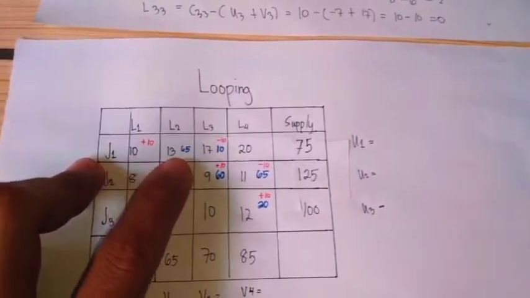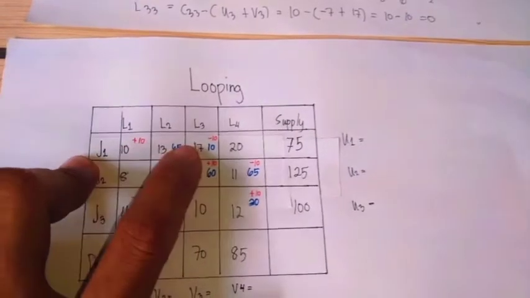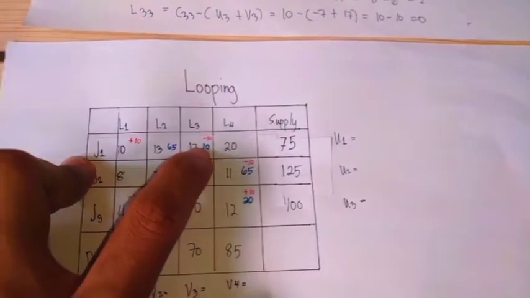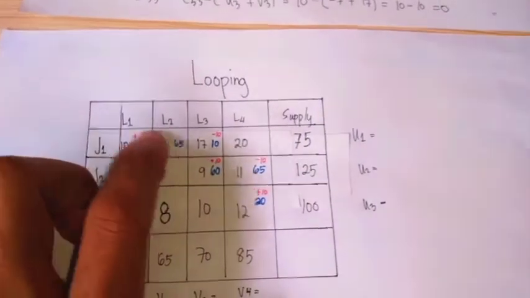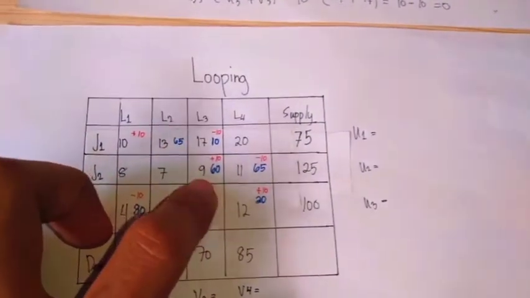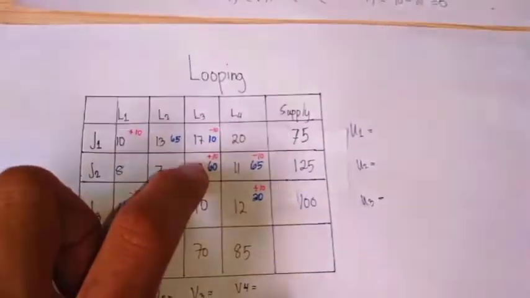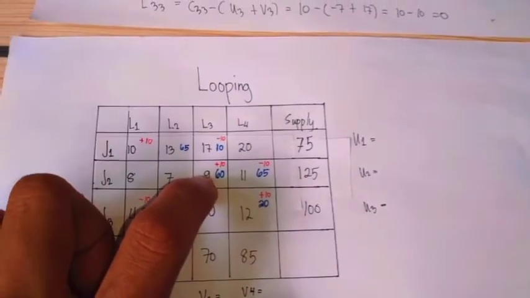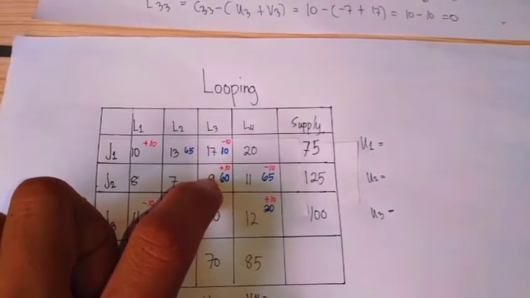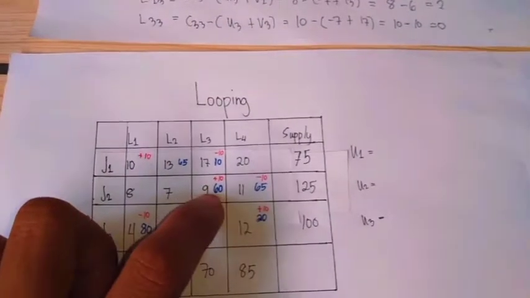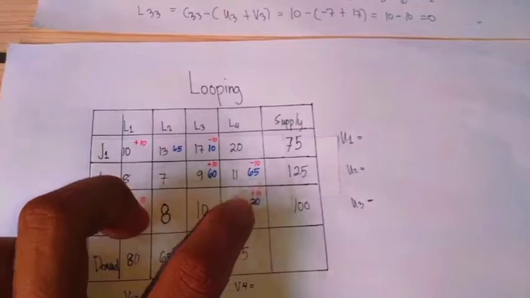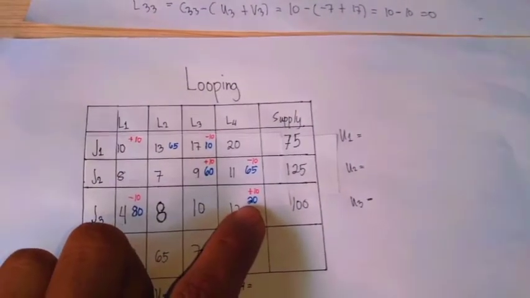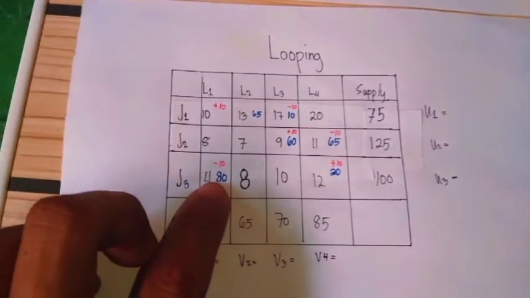And then in the corner, minus 10 here and 17, since it is a corner, and here plus 10 and 60. So we are going to add and subtract 10 in each corner. So plus 10 on 60, minus 10 on 65, plus 10 on 20, and minus 10 on 80.